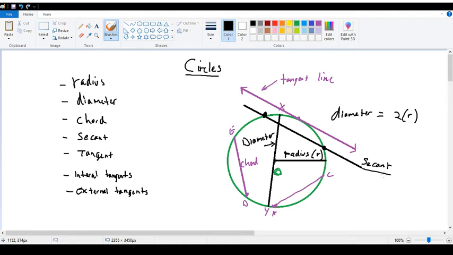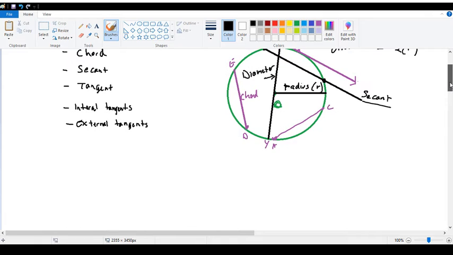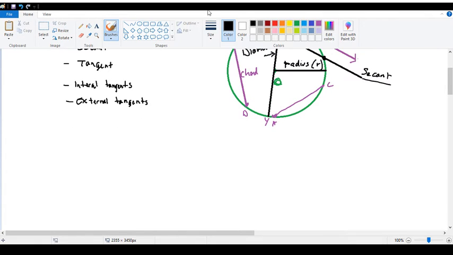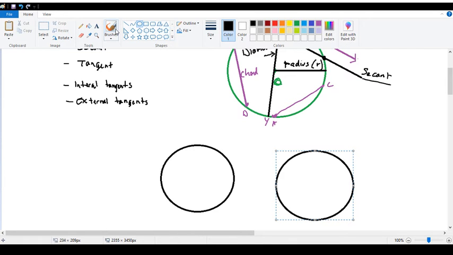All right, a lot of words here. We're almost done. There are two more vocab words we have to go over. And these are called the internal and external tangents. Let's spell this correctly, internal.